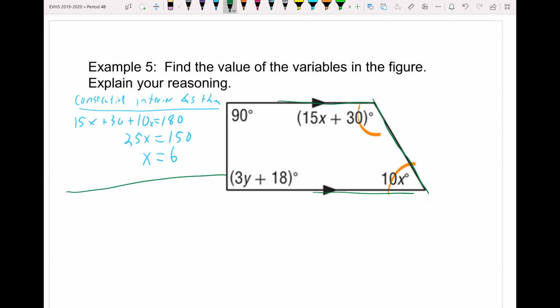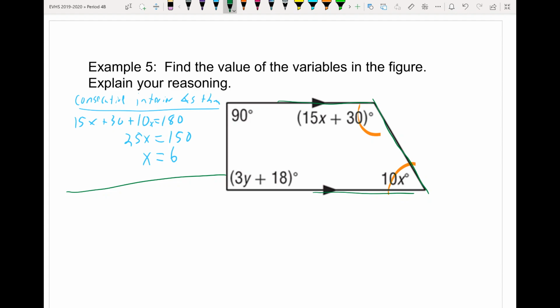Okay, now for the y's. What am I going to do with my y expression here? Okay, so the assumption here is that this is a 90-degree angle, and that's everybody's first instinct. You're right.